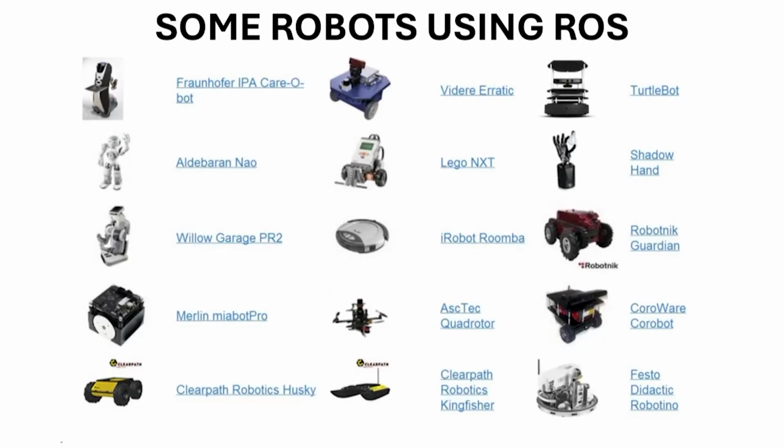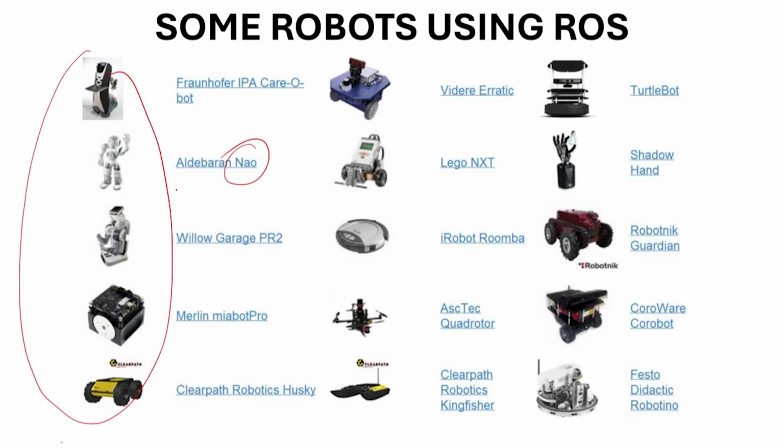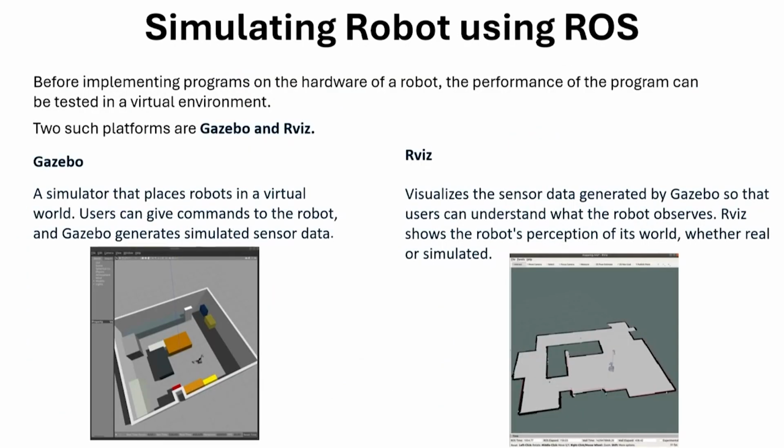So, some robots which are using ROS, we have given you a huge group of them here, which of course includes our favorite, and then there are many others like Marlin, Miabot Pro, and then there are Legos, okay, Turtlebots, and various other robots that use ROS today.